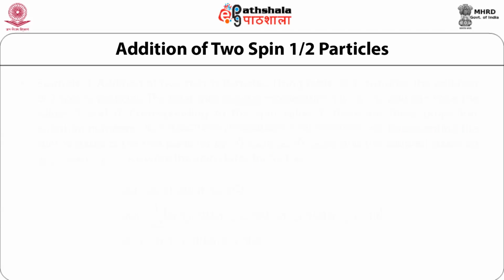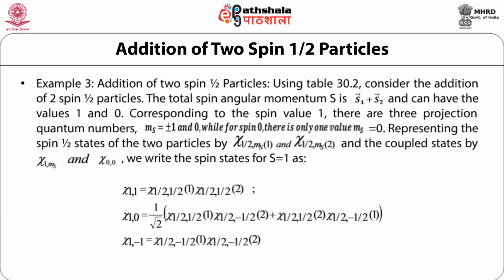Addition of two spin half particles. Example 3. Addition of two spin half particles. Now again, using the tables for Clebsch-Gordan coefficients and considering the addition of two spin half particles, we see that the total spin angular momentum S, which is the summation of spin angular momentum vector S1 plus spin angular momentum vector S2, can have the values 1 and 0.